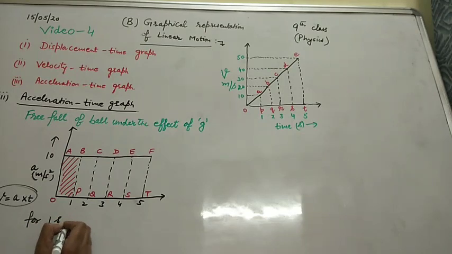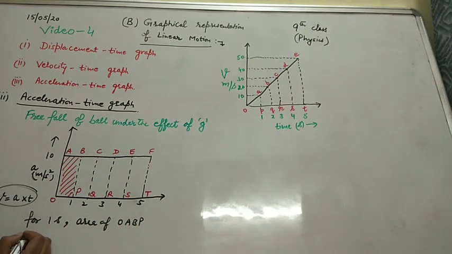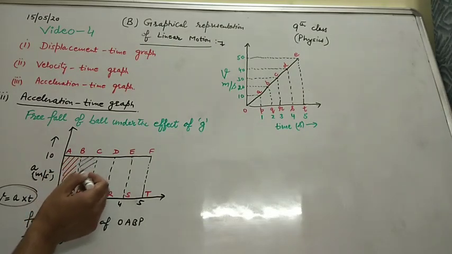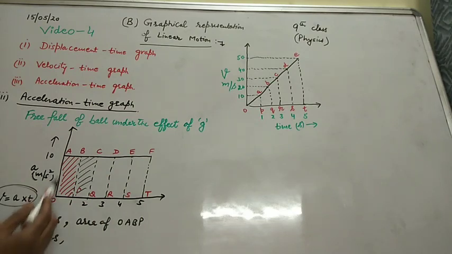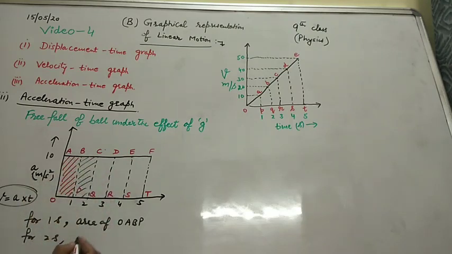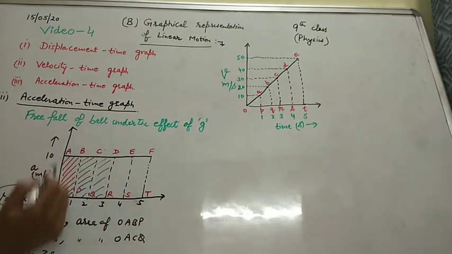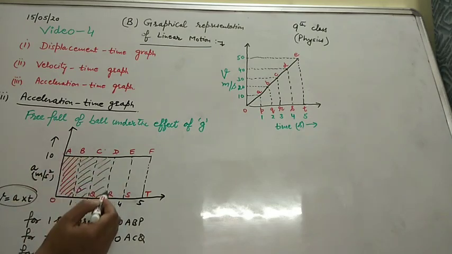For 1 second, I can get the area of rectangle OABP. For 2 seconds, the rectangle will become OACQ, this full rectangle. For 3 seconds, the area of this rectangle OADR.